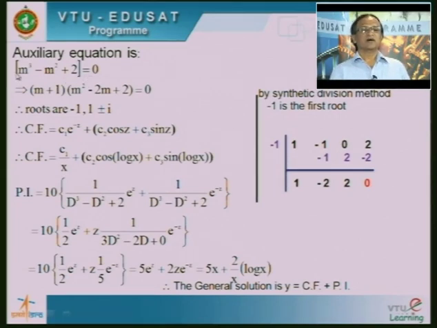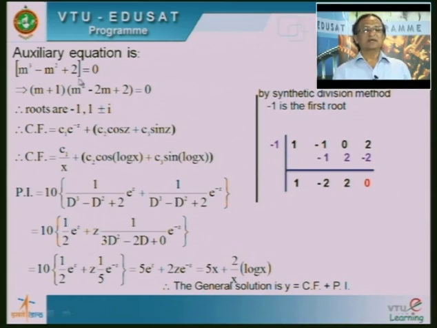So in the earlier examples, the given differential equation was second order and very easily we were able to find out the roots. But here the given equation is a third order differential equation and the auxiliary equation is a polynomial of degree 3. Now I want to find out 3 roots. It means how many roots can I obtain?